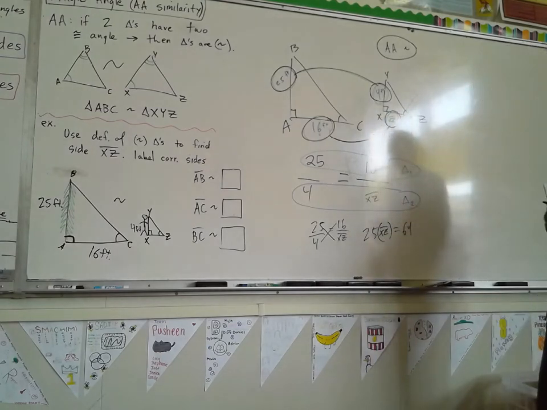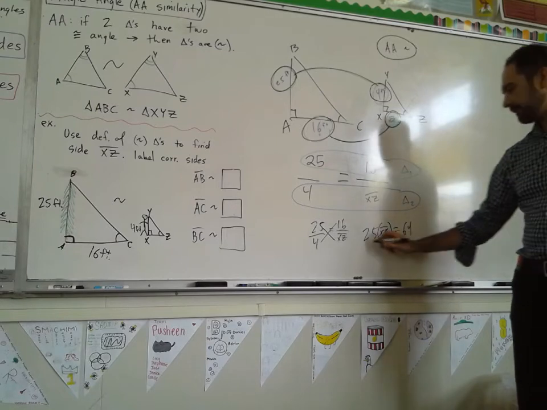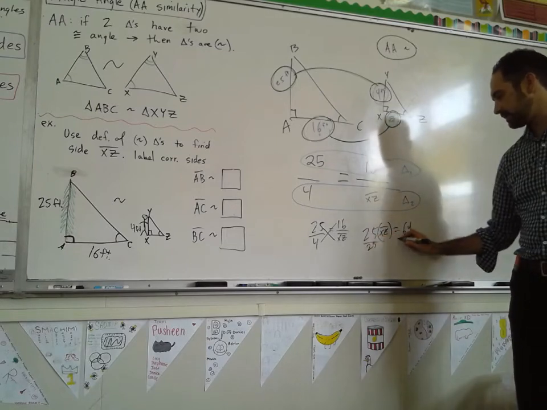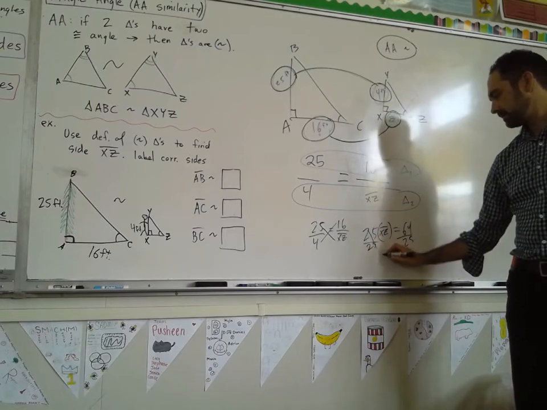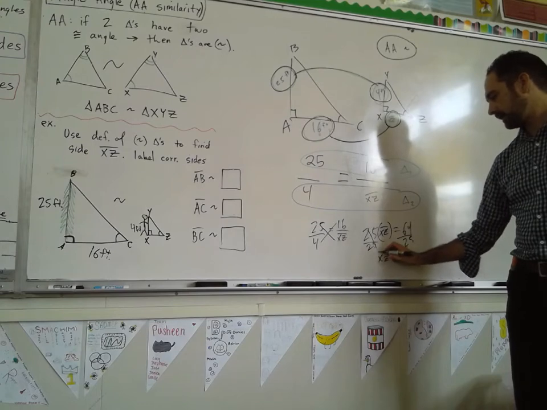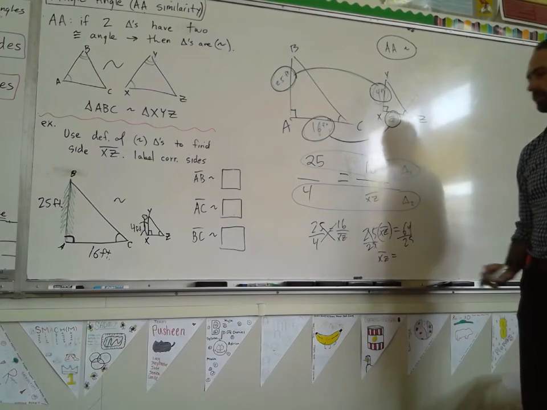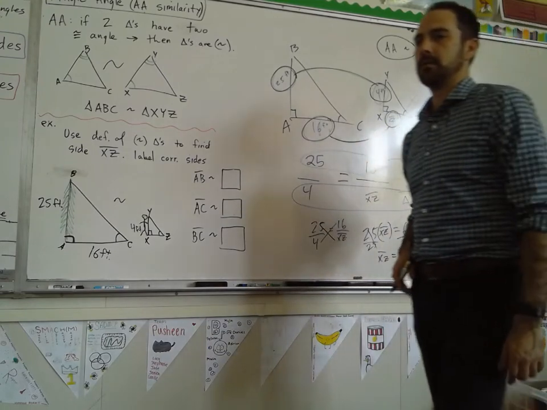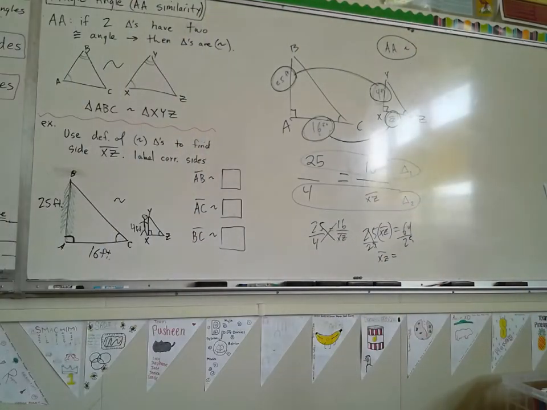Okay, we divide by 25 on both sides. XZ is equal to 64 divided by 25, 2.56.